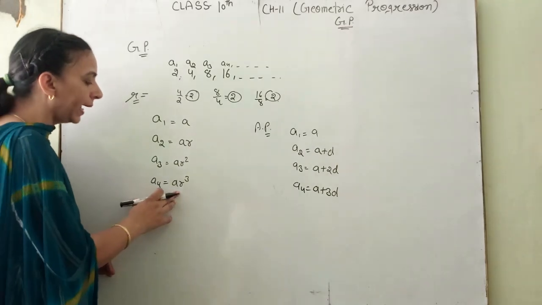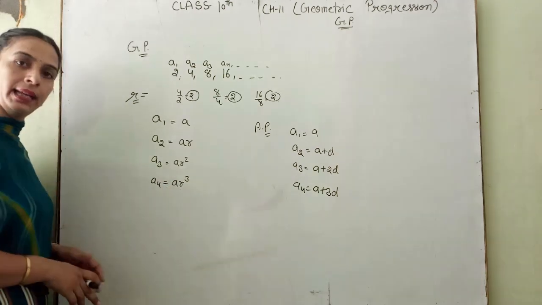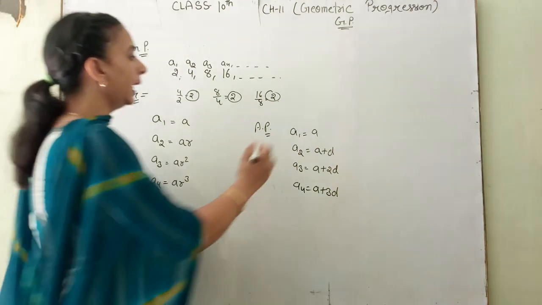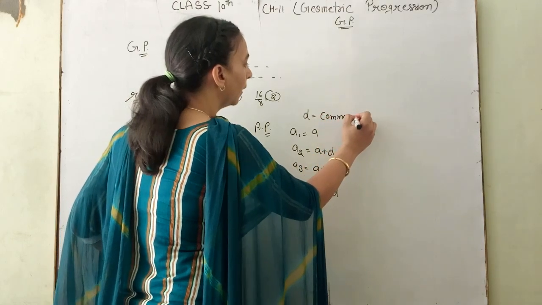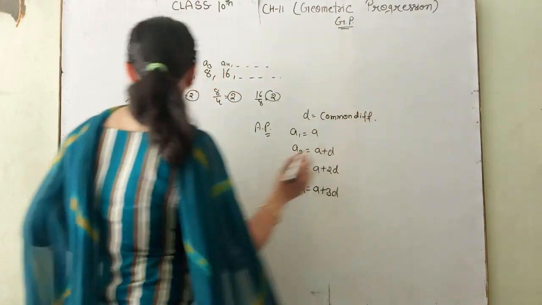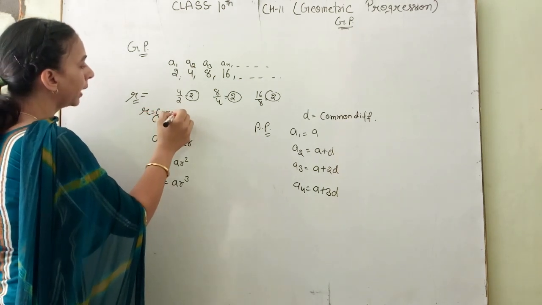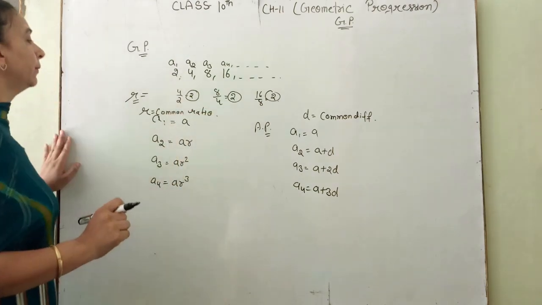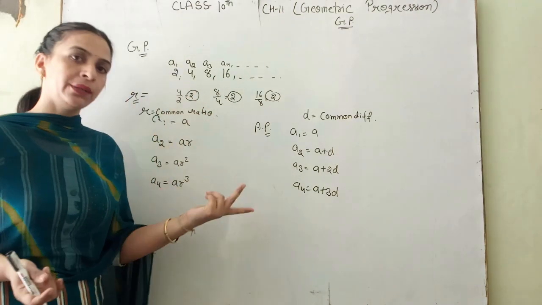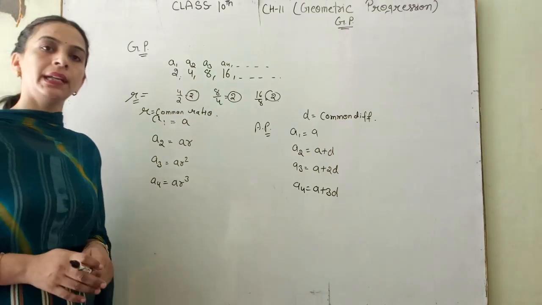But in GP, A4 equals A multiplied by the common ratio raised to the power 3. D is the common difference in AP, and in GP R is the common ratio. We find the next term by multiplying or dividing its preceding term by this fixed quantity, the common ratio.